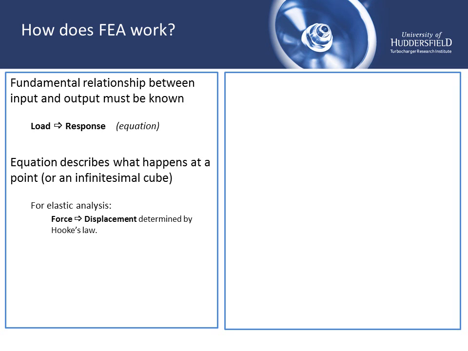Now that equation describes what happens at a point or within an infinitesimal cube. So for elastic analysis, we know that the force displacement relationship is determined by Hooke's law, and that works in the material at a single point within the material.